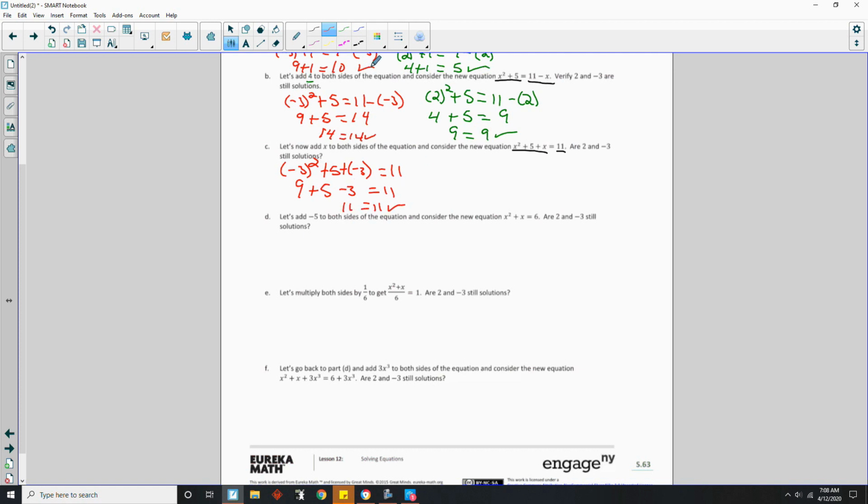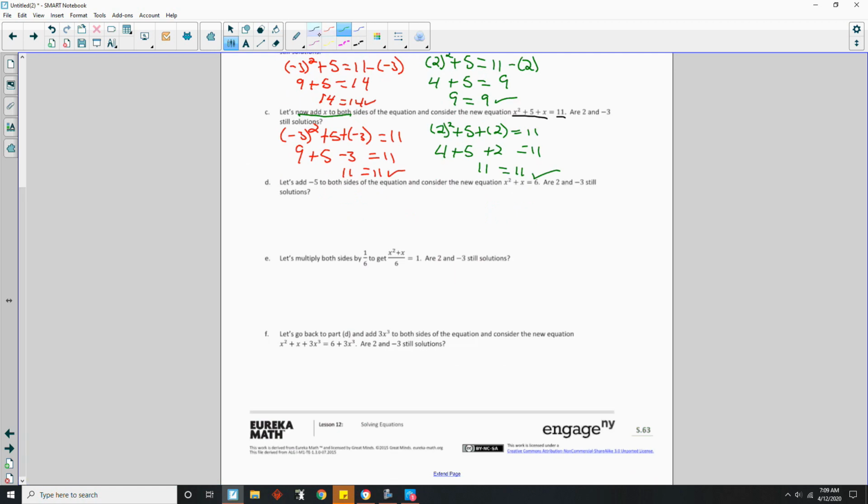So this is still true. Now when I substitute in 2, I get 2 squared plus 5 plus 2 equals 11. 2 squared is 4 plus 5 plus 2 equals 11. 4 plus 5 is 9 plus 2 is 11. 11 equals 11, and that is still true. So adding a variable to both sides still makes the equation true.